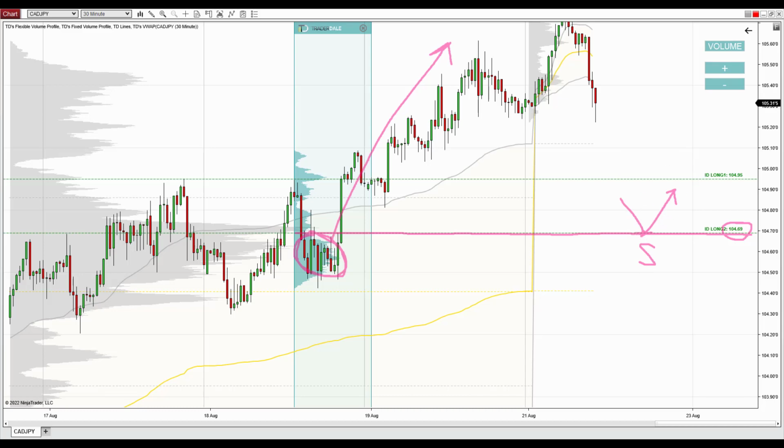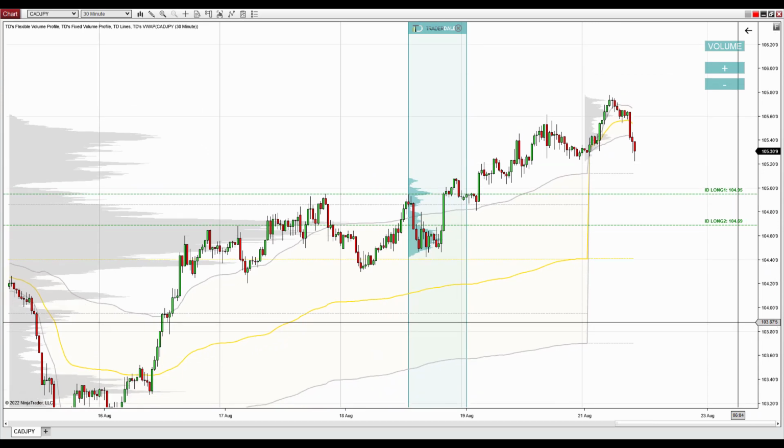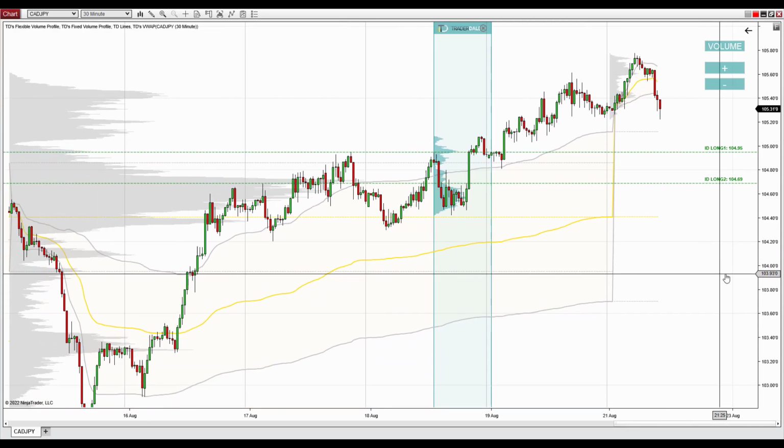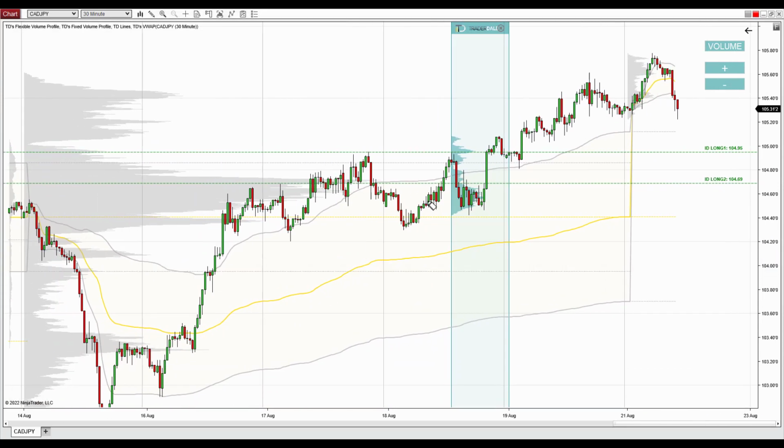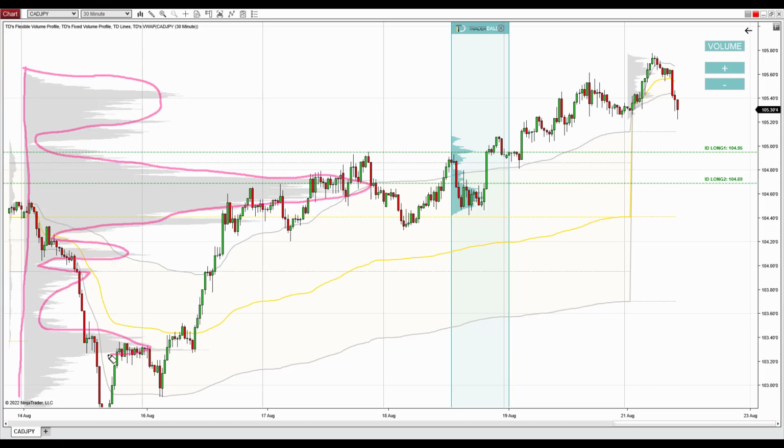Now additionally to that, if I zoom it out a bit, you can see that this level is also the weekly point of control from the previous week. This gray profile shows the volume distribution throughout the whole previous week. And as you can see right there, this is the weekly point of control.